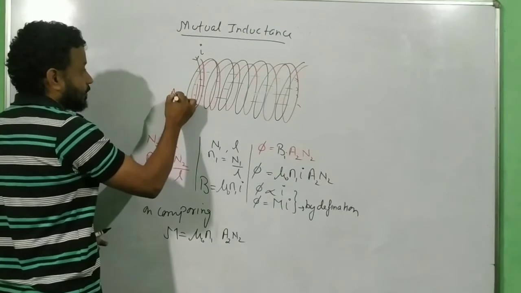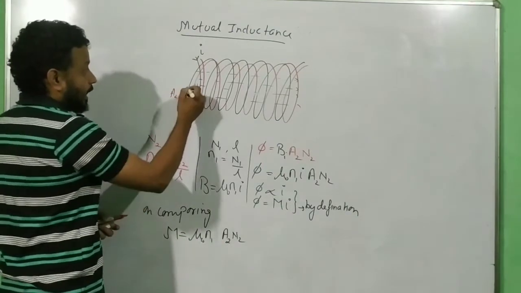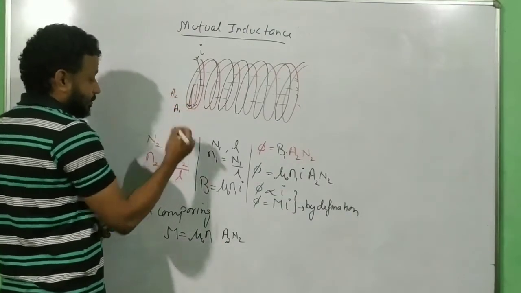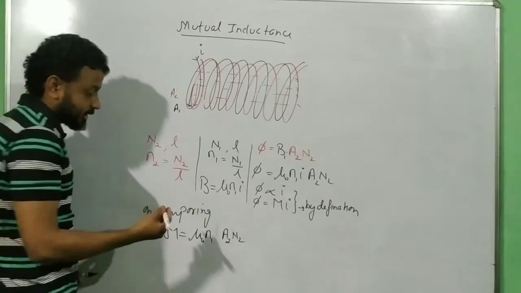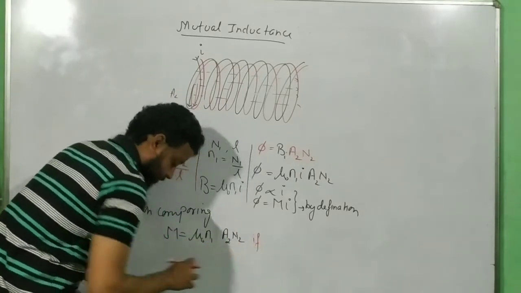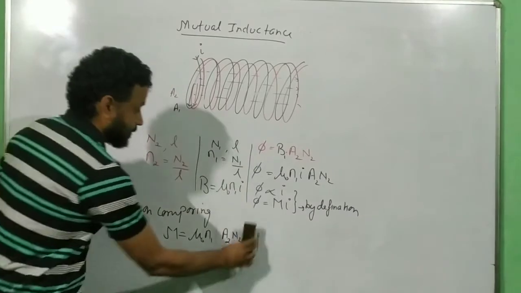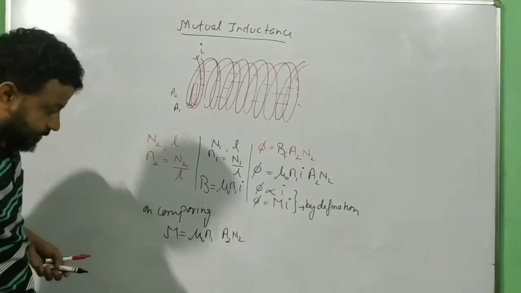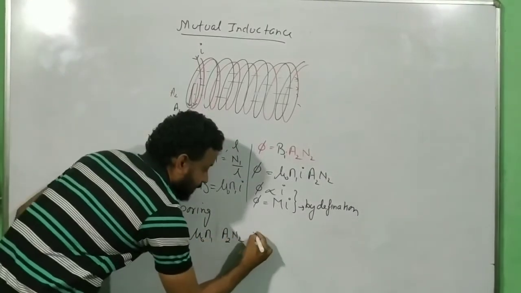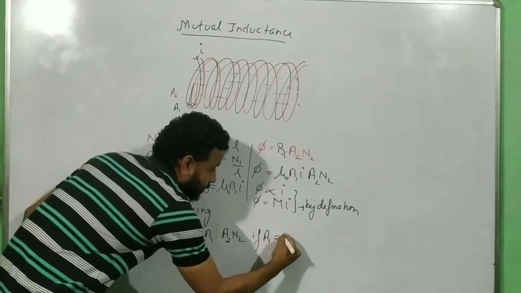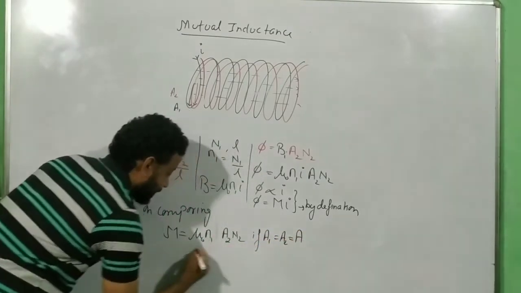If you consider the same area, I have no problem. If this has an area of A2 and the black one has an area of A1, but if A1 is equal to A2 is equal to A, then what will I get?